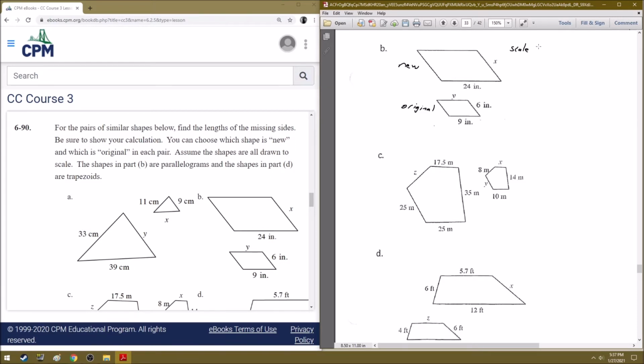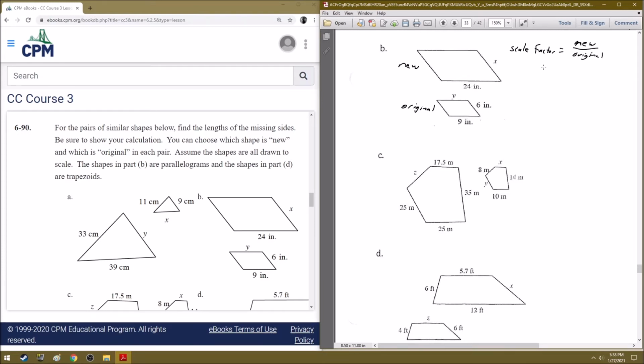And with that we can find the rest of the side lengths, x and y. And remember the scale factor is equal to the new side length divided by the original. So we want to find a side that we know both the new and the original. If we look at these sides, we don't know this one, don't know that one, but we do know in both the original and the new shape that this side length down here and the corresponding one down here is 24 and 9.